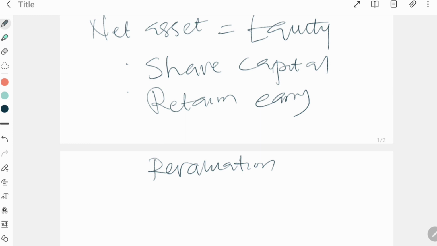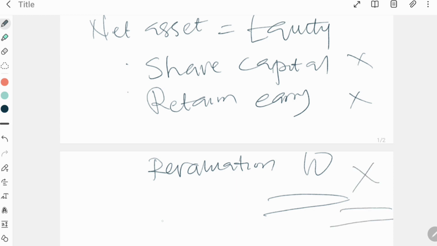Let's say you have a land that is initially worth 50, but now it is worth 60. So you have 10 to add as the revaluation gain. So all of these, share capital, retained earnings, and revaluation, equal what? Your net assets, because that is your equity.